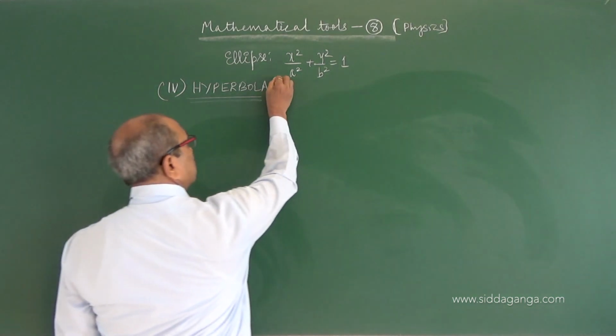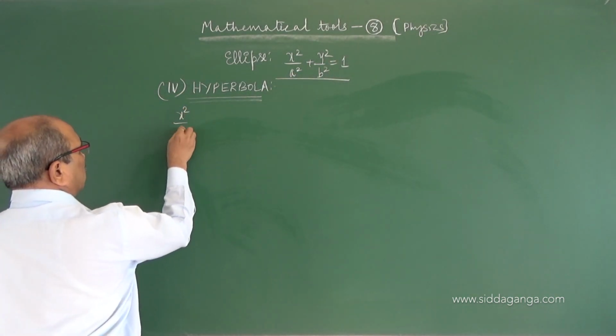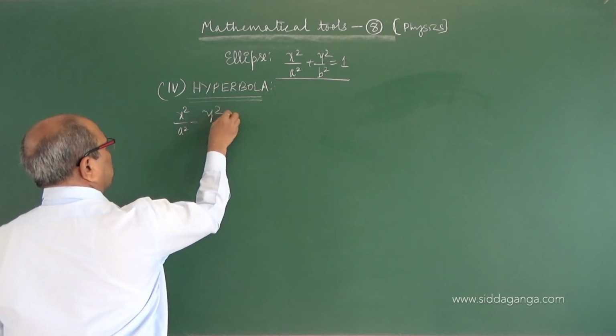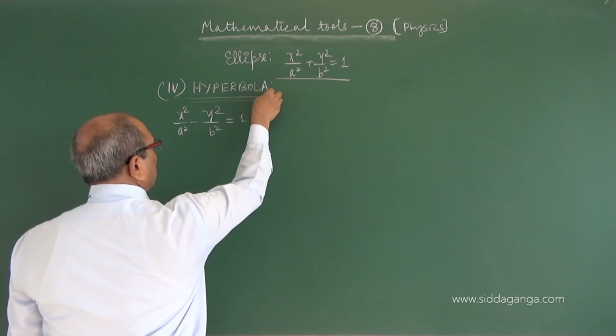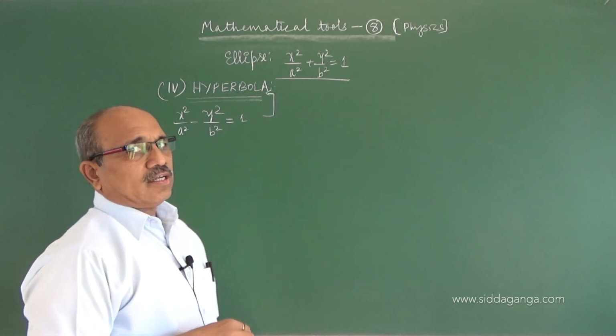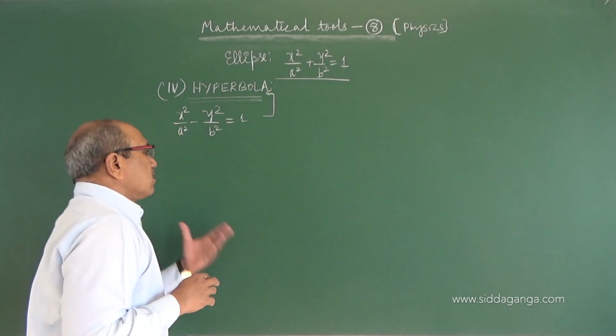So instead of that equation, if I write x square by a square minus y square by b square equal to 1, the shape we get is called a hyperbola, the shape of the curve that appears on the graph.